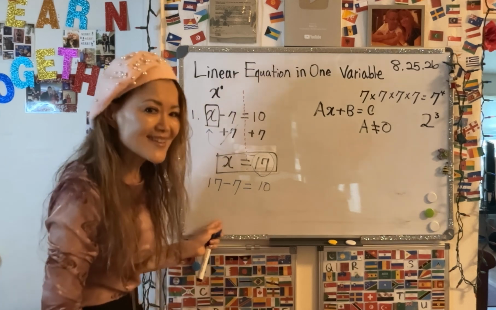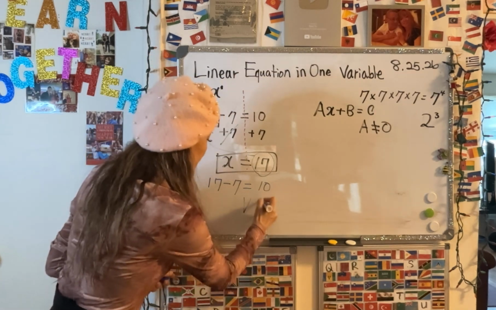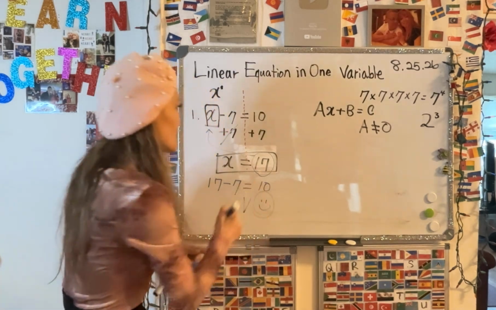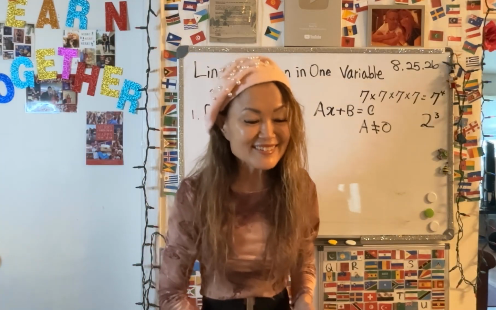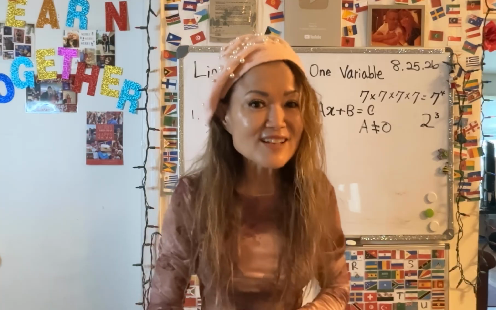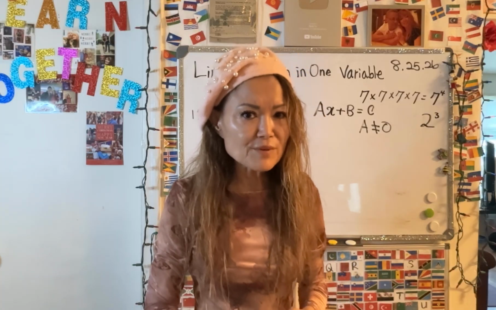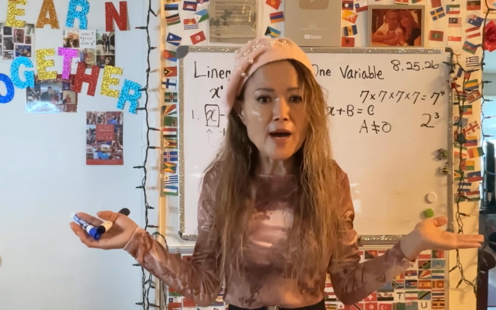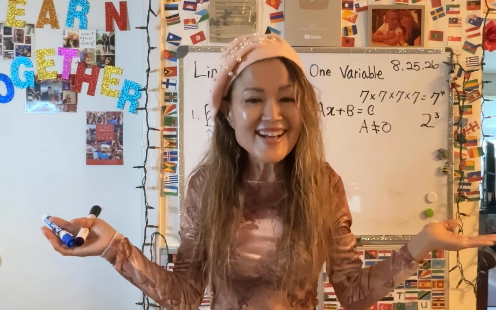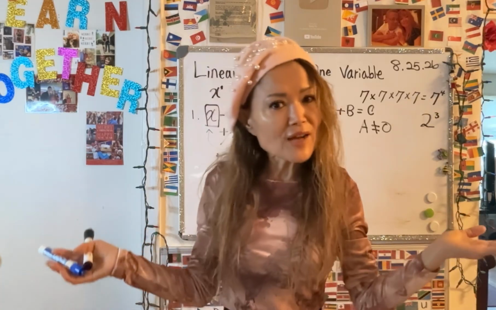Is that correct? Yeah. So ta-da! That means my answer is correct. This is how we do it. It's not bad, right? So please remember the equal sign. Always think about a scale. Oh, you got the 5? I need a 5 too.